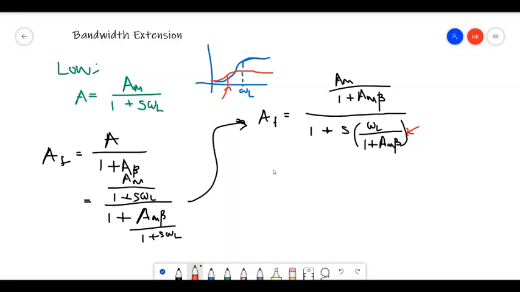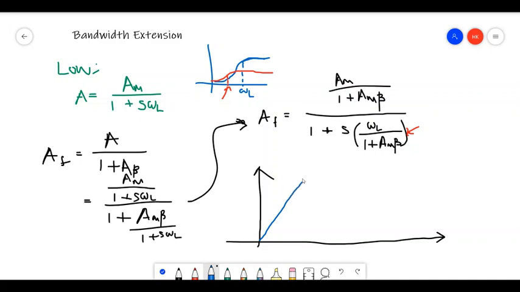So if we consider a complete band pass, complete band, and consider the Bode plots. If we take the open loop gain, the Bode plot will look something like this, right?